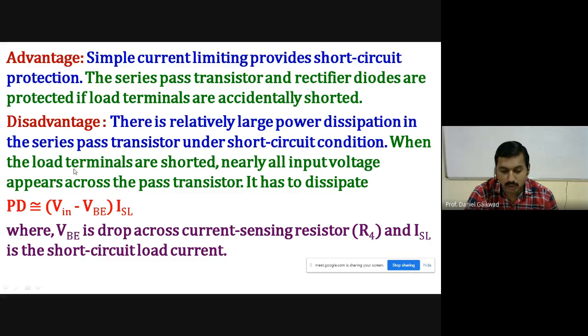So when load terminals are shorted, nearly all the input voltage appears across the pass transistor, and it has to dissipate the power. Power dissipation is nearly equal to (V in minus VB) times ISC.